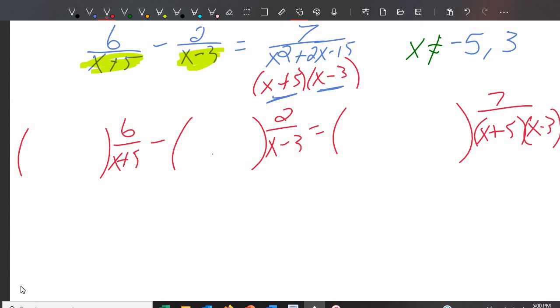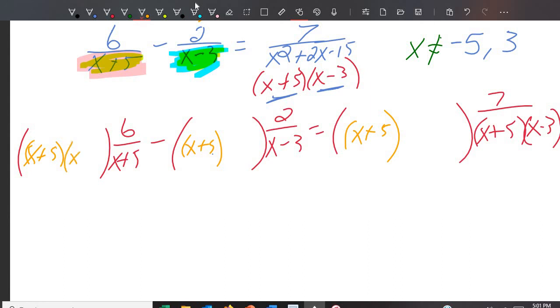Okay, now common denominator is going to be a combination of the different binomials. That's one of my denominators. That's one of the binomials that goes in the parentheses. This binomial will also go in the parentheses. Remember, whatever binomial is in the bottom has to go in your parentheses for your LCD.